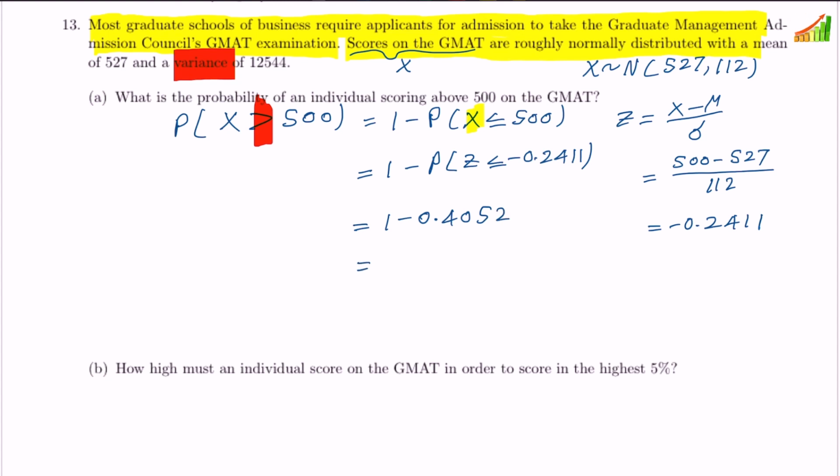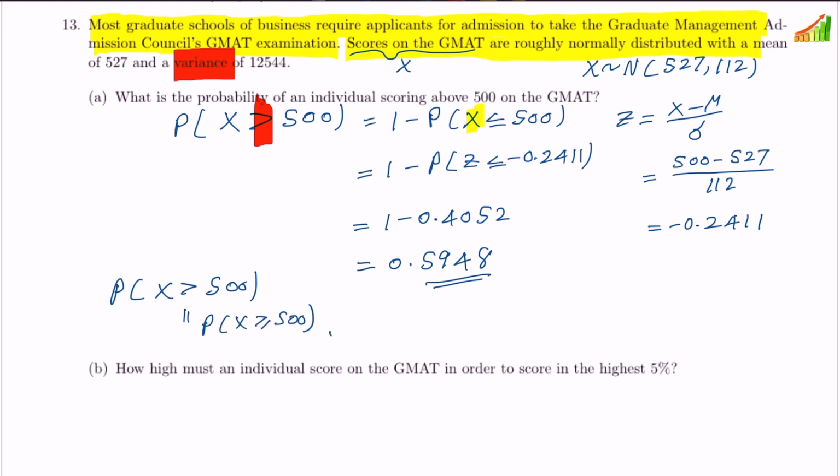Then we can get 1 minus 0.4052, which is 0.5948. So that is the probability X greater than 500. Normal distribution is continuous, therefore X greater than 500 is the same probability as X greater than or equal 500.